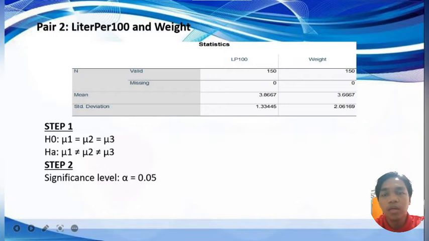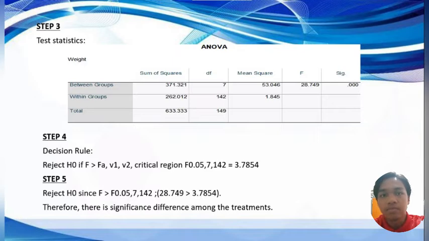Okay, the next pair, liter per 100 and weight. First step, H0 and HA are not equal. Significance level alpha equals 0.05. After that, we test the statistic, and then the decision rule: reject H0 if F is bigger than F alpha, V1, V2.